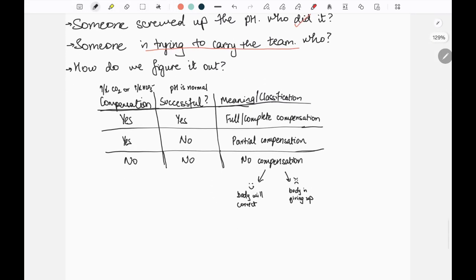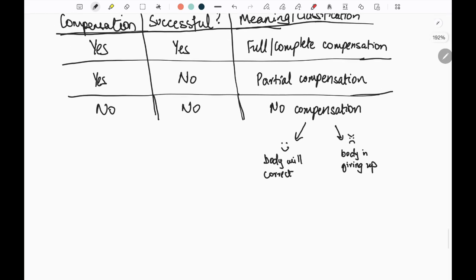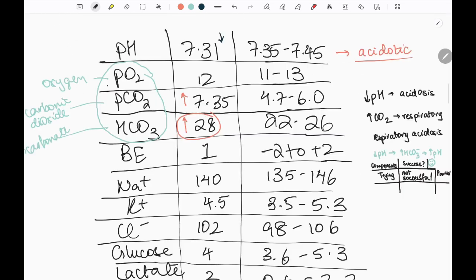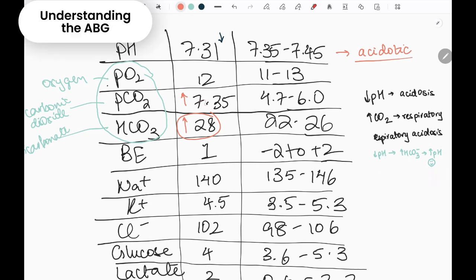So now with that out of the way, let's go back to our example. So here we see that the patient has a raised PCO2, which means that that's causing the acidosis, which is why we've said respiratory acidosis. But they've also got a raised bicarb. Now, because they've got a raised bicarb, we have to ask ourselves, is the kidney successfully trying to complete the compensation?